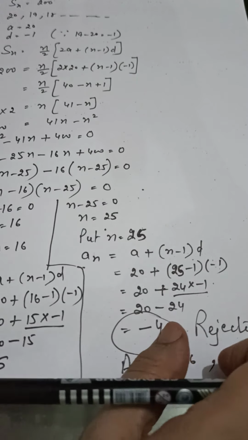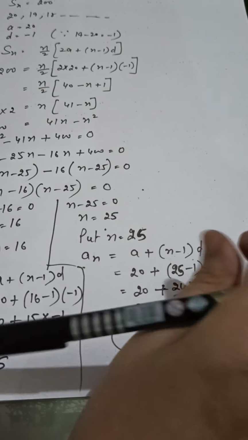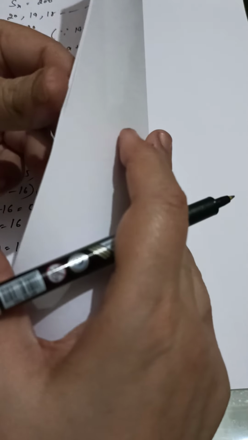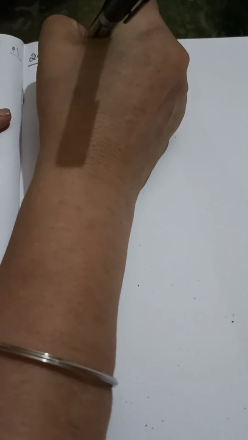Now the last sum of this exercise. In the potato race, 5 meters from the first potato, that means a is given, a is equal to 5, and then 3 meters apart for the next one.